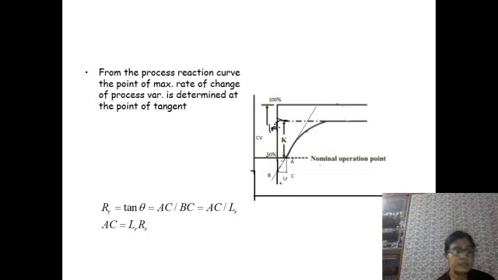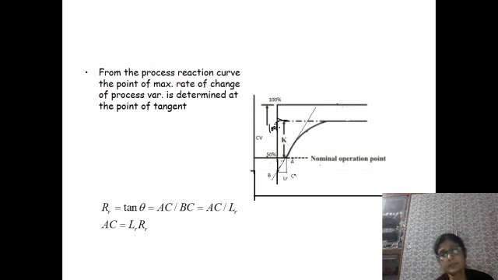This is the initial nominal operation point or initial steady state value, starting from the 50% opening position, and this is the 100% opening, that is the final steady state value after the step change of the final control element.